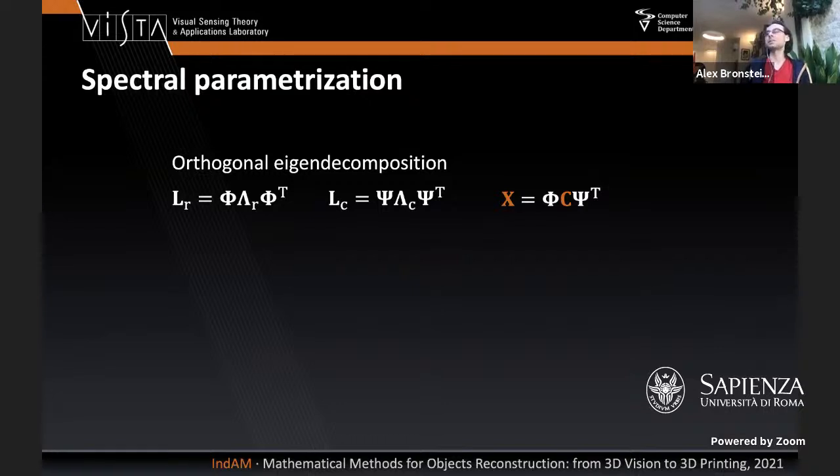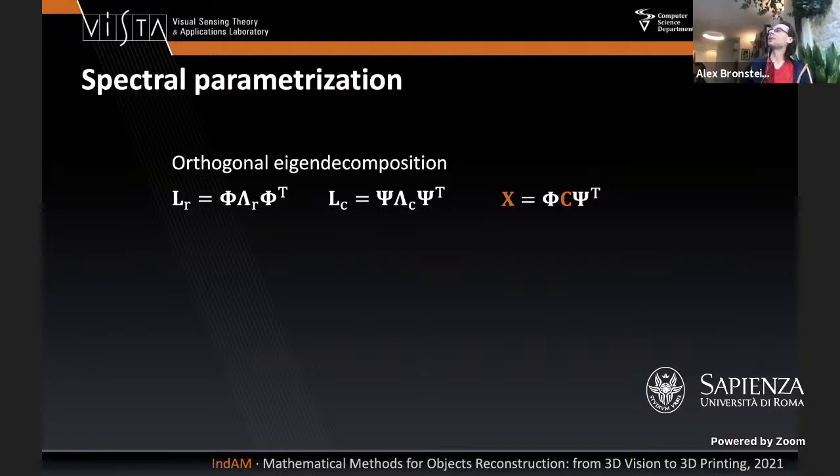So C is just the representation of X with respect to this pair of orthogonal bases. Now, those who are acquainted with the formalism of functional maps will immediately recognize that even in terms of notation, it is very similar. I'm on purpose using the same letters that we typically use in papers on functional maps.